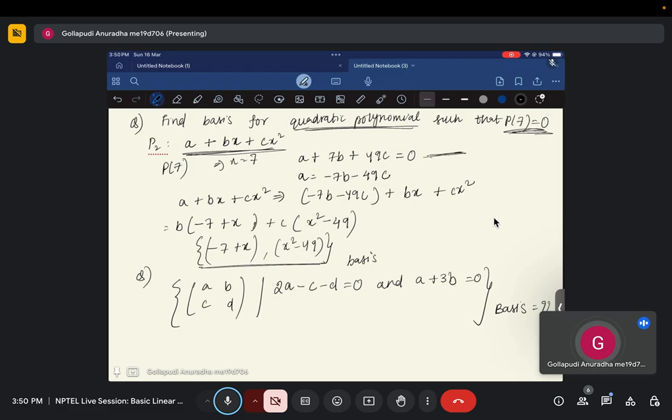Yeah, so find the basis for the matrix such that these conditions are satisfied.